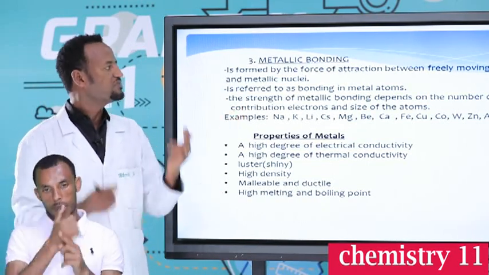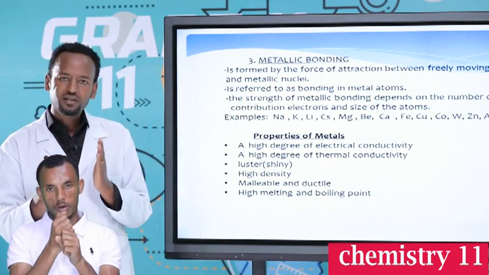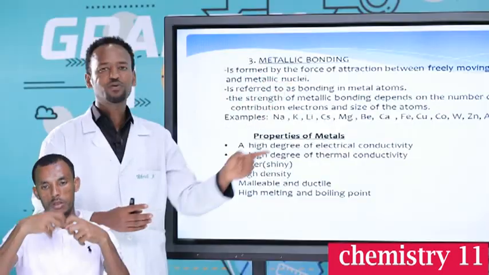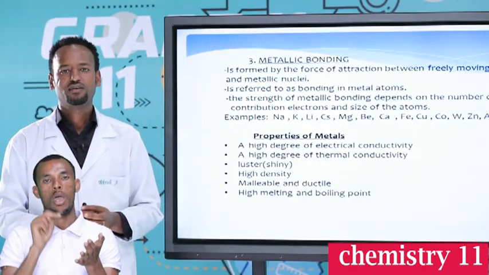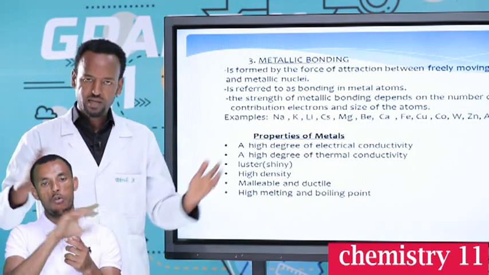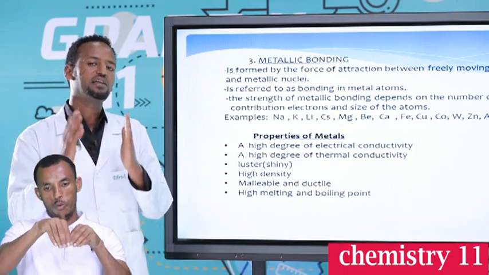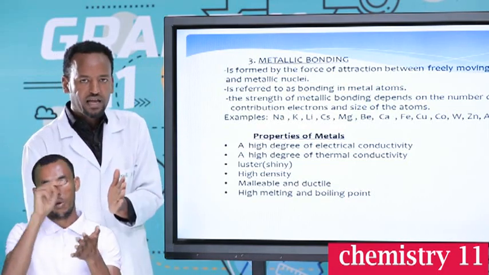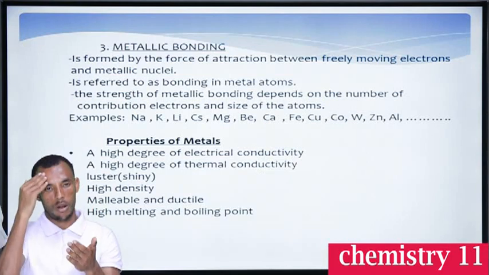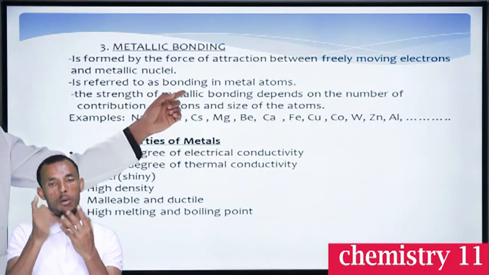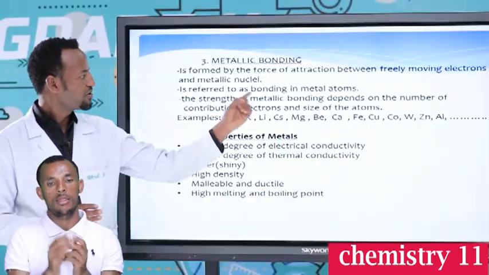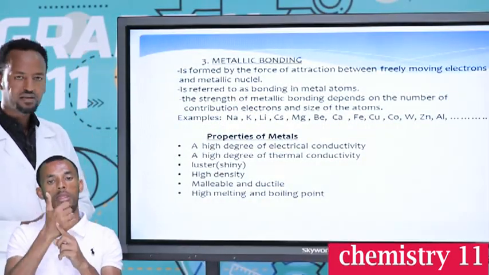Metallic bonding is formed by the force of attraction between freely moving electrons and metallic nuclei. Nuclei means more than one nucleus. Simply, the attraction between freely moving electrons and the metallic nuclei is known as metallic bonding. Metallic bonding refers to bonding in metal atoms.